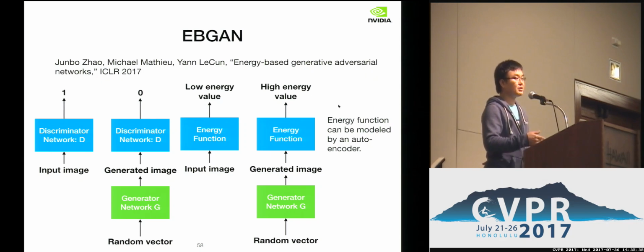Usually the energy function is implemented as an autoencoder, and the energy value is the reconstruction error. So basically you want to train an autoencoder which can perfectly reconstruct real images, but not so well the fake images. And the generator is then motivated to generate images that can be well reconstructed by the autoencoder, and hence they will be closer to the real images.